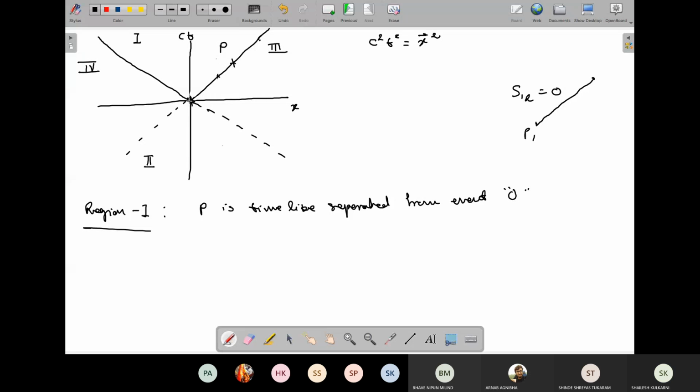If O and P are time like, they should remain time like in any Lorentz frame, in any inertial frame. So this will forbid going from here by crossing this line as well as touching the origin. Is that clear? So you cannot find a frame in which you can make t to minus t.